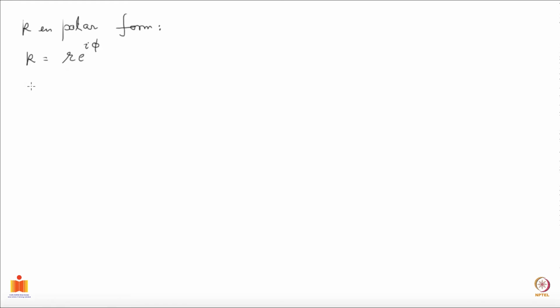And clearly, how do you get r? r is just the square root of k k star. This is complex conjugation.